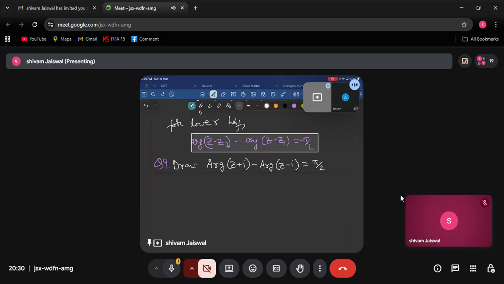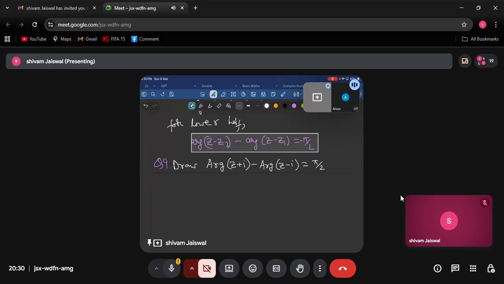Argument of z plus iota minus argument of z minus iota is equal to pi by 2. Let's start.